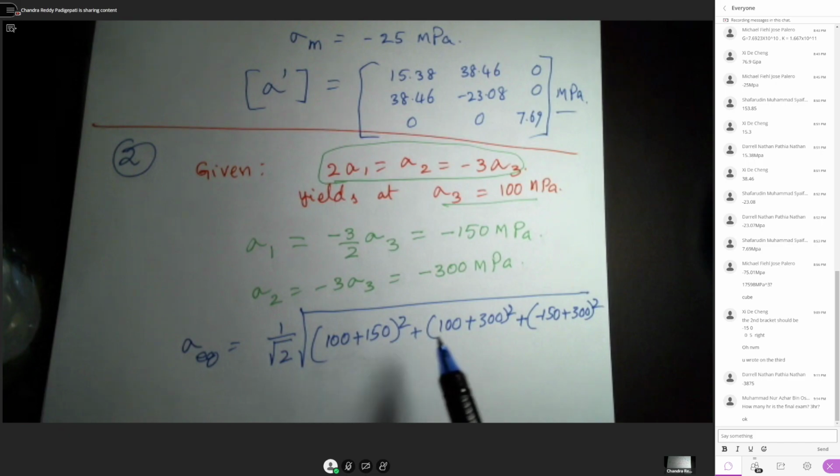Once you do this calculation, how much do you get?